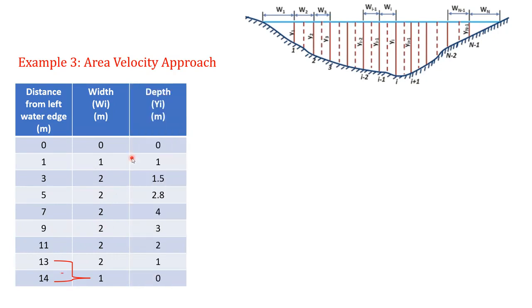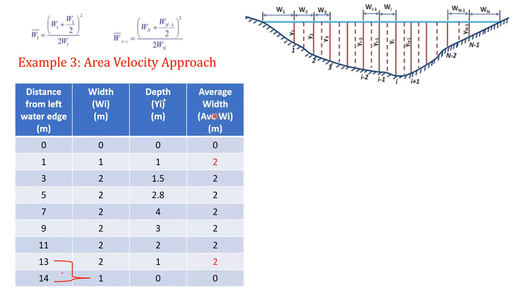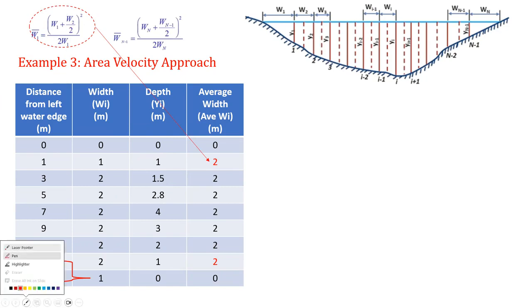Next is yung depth natin. So, this is given in the previous slide. So, lapag mo lang siya dyan. And then, to find for the average width, so meron tayong formula, no? So, to find the average width, ang gagawin lang natin is, kung titingnan mo sa figure, ito yung W1.